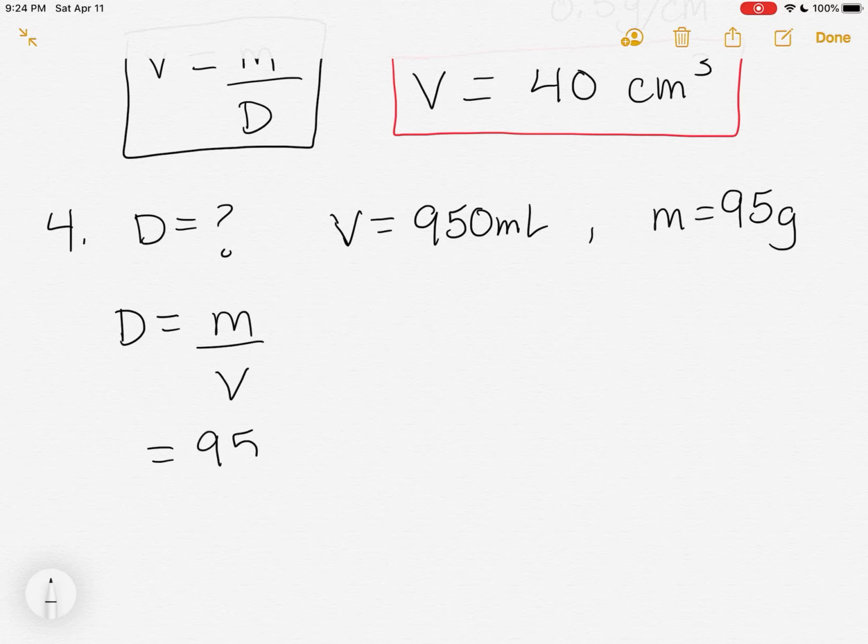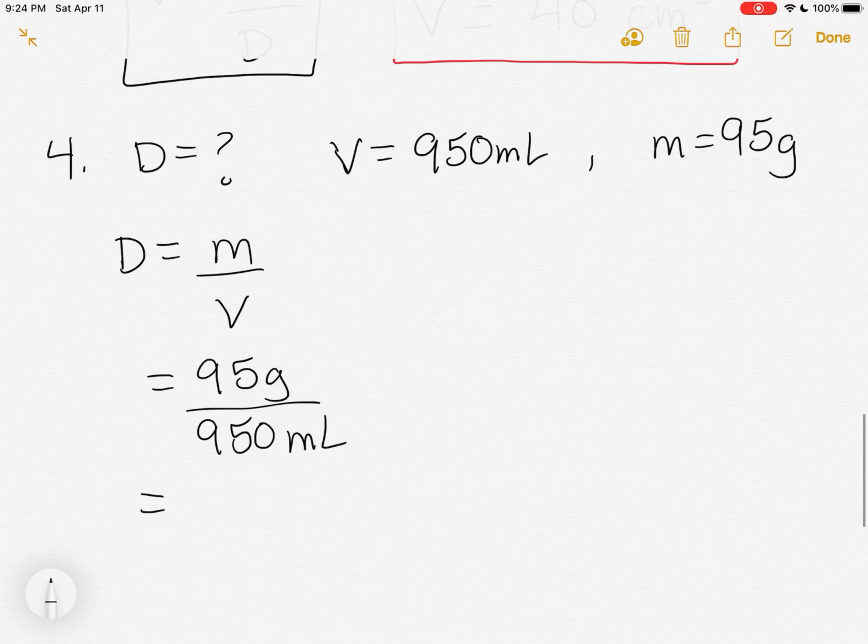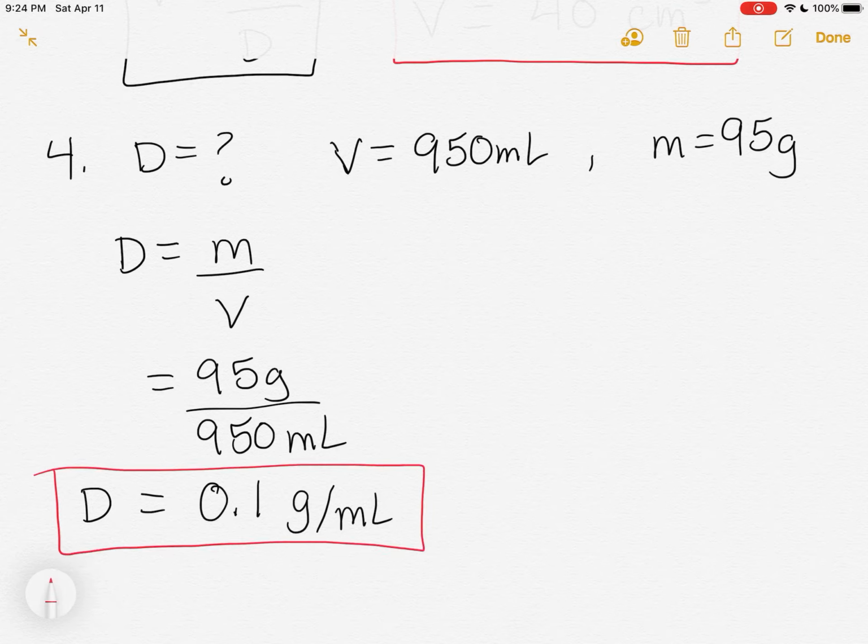So we're going to plug in our mass is 95 grams, and our volume is 950 milliliters. And so we're going to do our division there. We get 0.1 grams per milliliter. So that's our final answer here for our density.